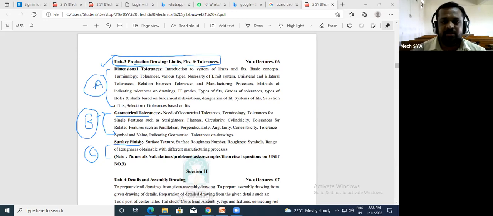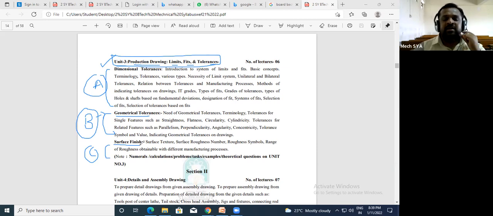First we will discuss dimensional tolerances. In that we are going to learn what is meant by limit, what is meant by fit, what is meant by tolerances, and what the different types of limits, fits and tolerances are.